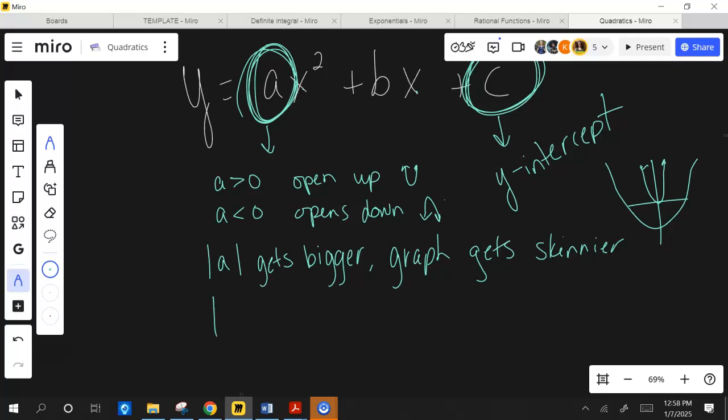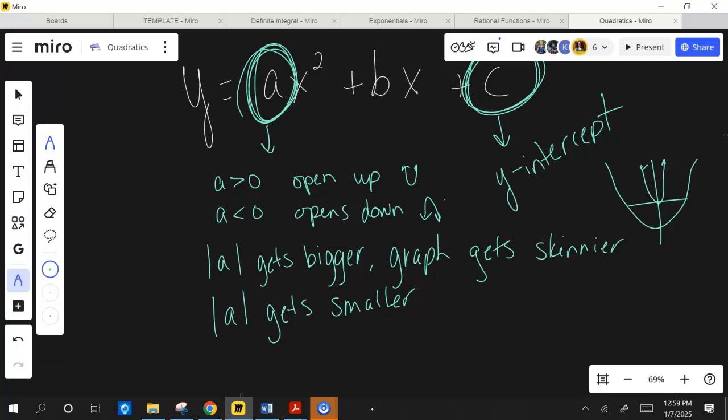All right. As the absolute value of A gets smaller, now I want you to think about this for just a minute. If I'm talking about absolute value, so I'm not worried about negatives, and I'm getting smaller, what am I talking about? What is the value looking like? It is positive, but how do you get smaller but not going into negatives? So I'm looking at what? Fractions and decimals, right?